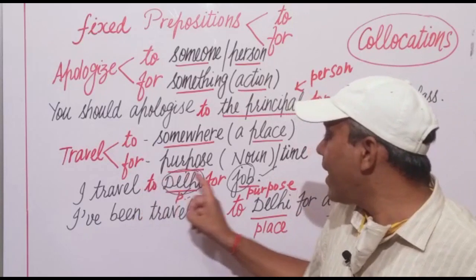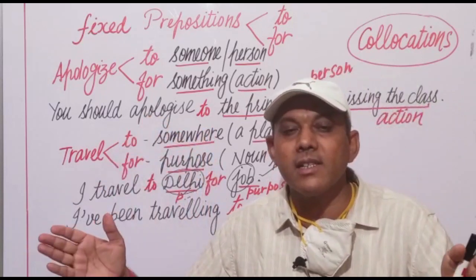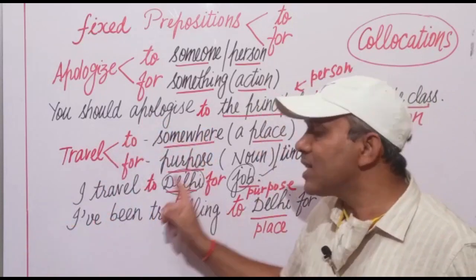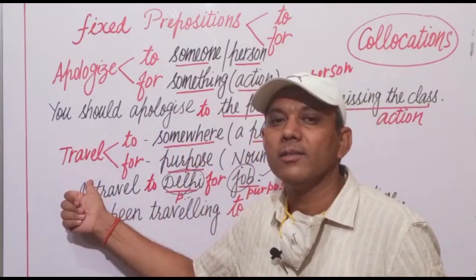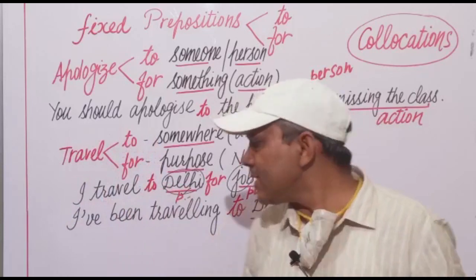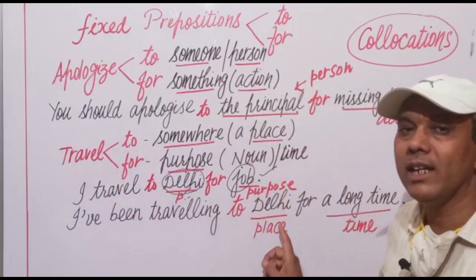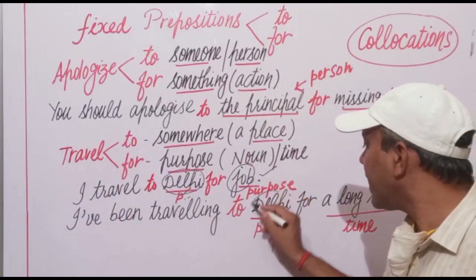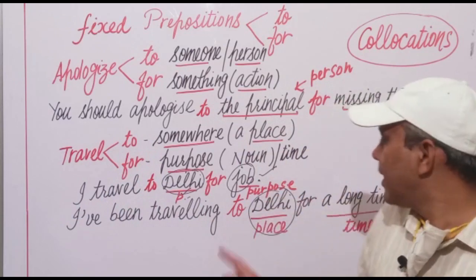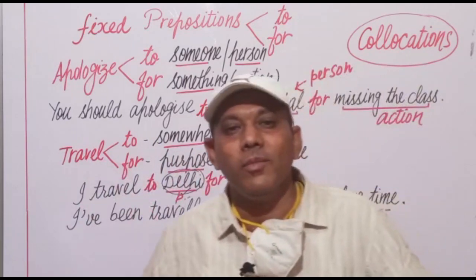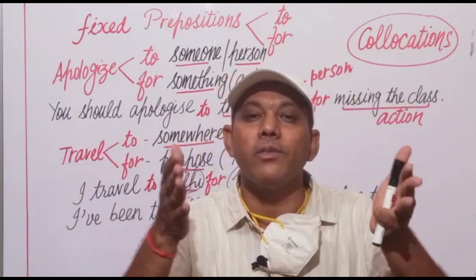We use to and for in the same sentence to understand the usage of to and for with travel. Next sentence is, I have been traveling to Delhi. Again, Delhi is a place. Means I have been traveling to somewhere for a long time, or for a specific period of time.